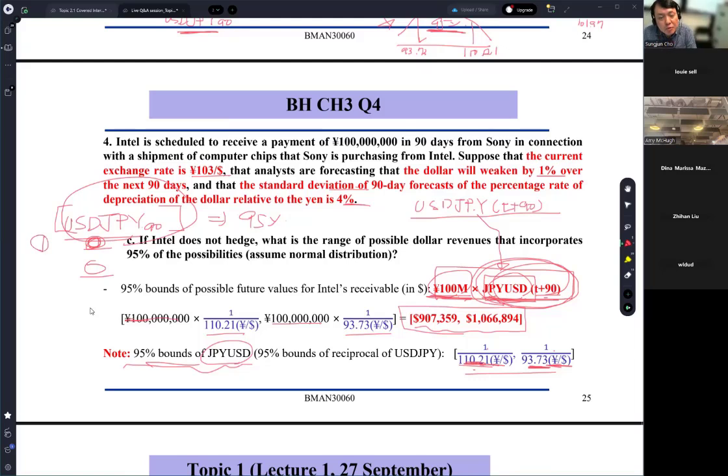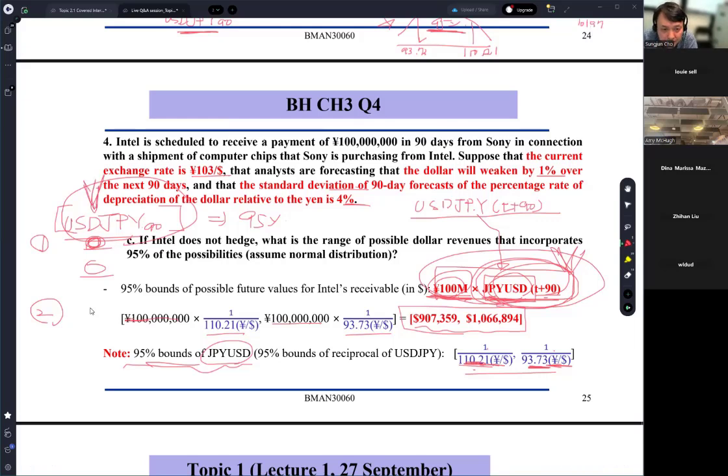First, get the future distribution of the exchange rate. And then step 2, you have to think about which bound you are computing. You are computing the bound of 100 million yen times JPY USD, not USD JPY. Then you have to think about the relationship between this one, the ultimate goal, and the exchange rate distribution you just computed.